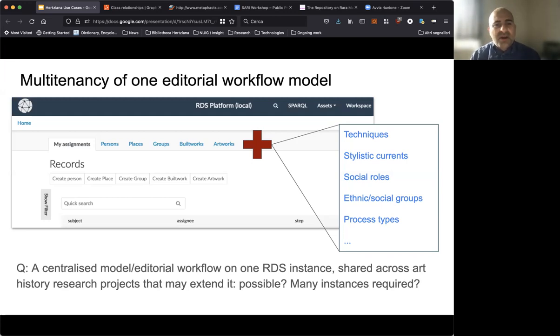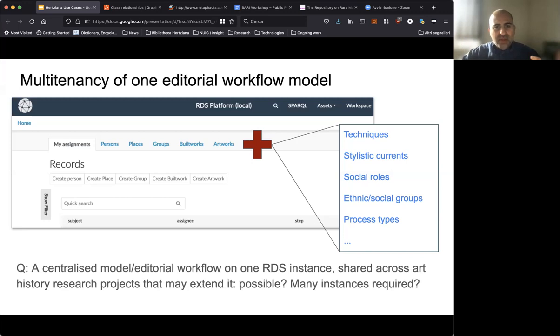So in that regard, we have seen examples of how to create form templates for persons, places, built works, artworks. We would need to be a lot more, let's say, formal and specific to that. Ideally, in art history, you want to model things like techniques, the style currents over time, the roles that determine, for example, who paid for a monument and who actually commissioned it and that sort of thing.